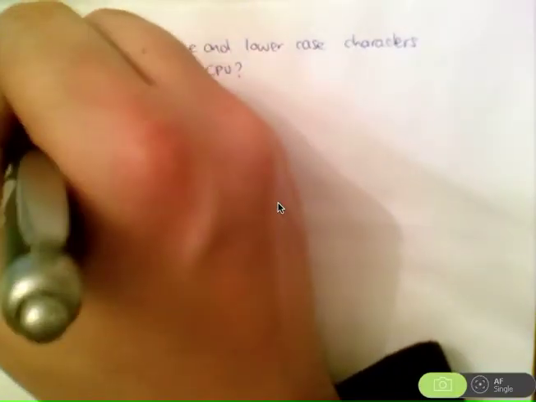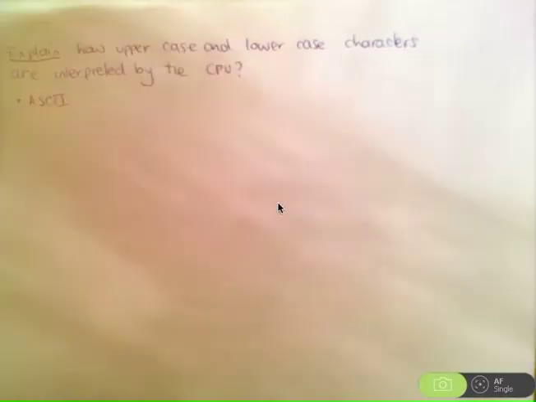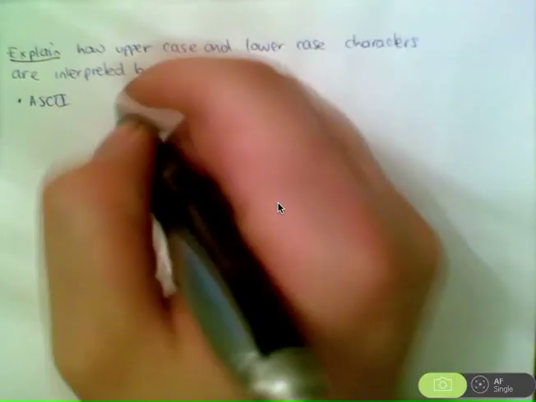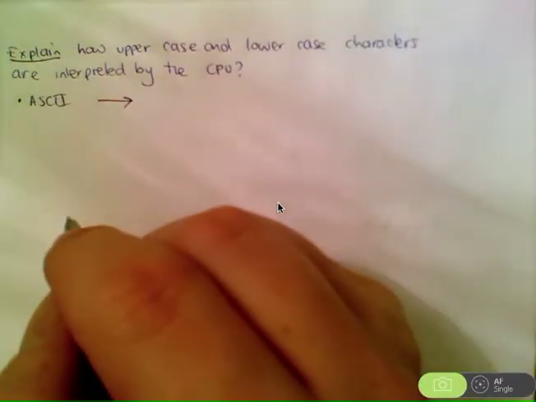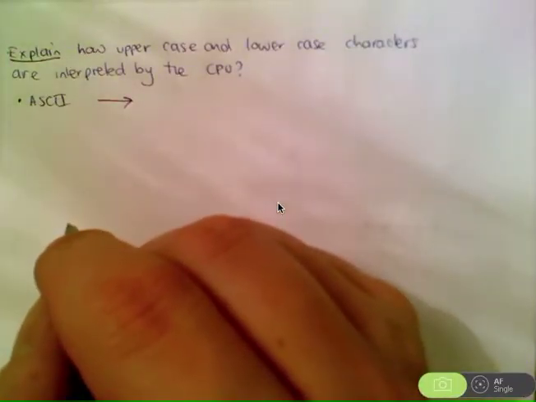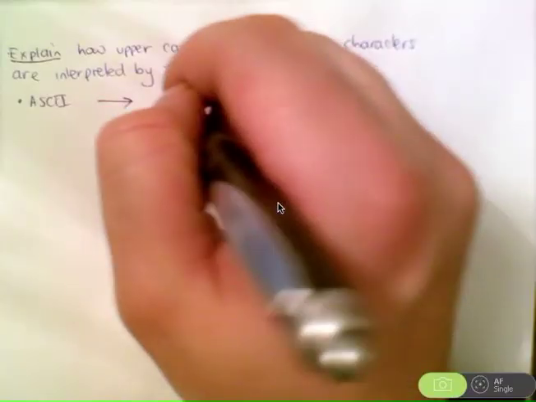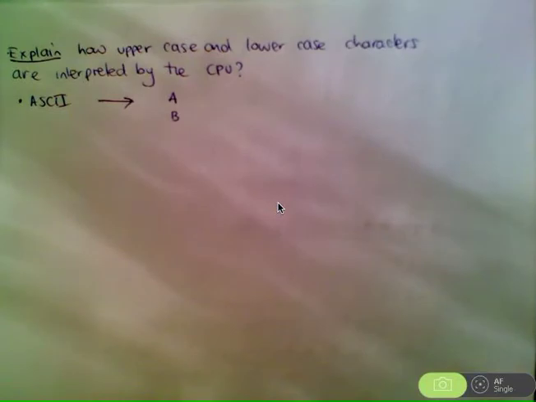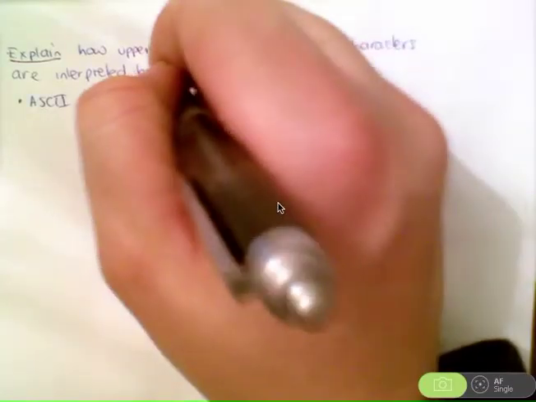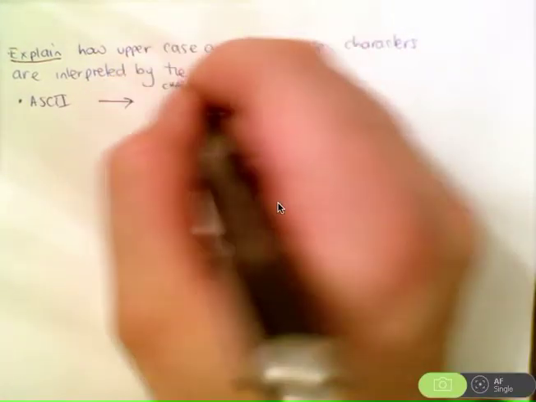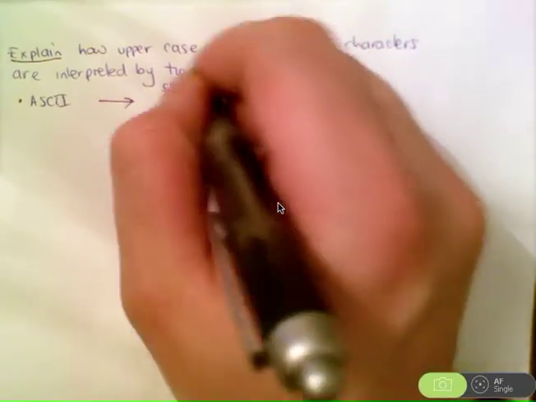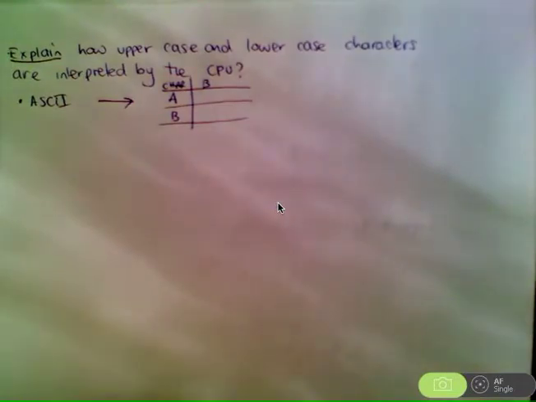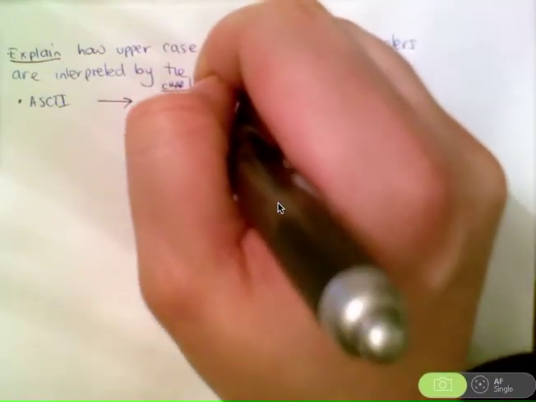So the first thing we know is that it all relates or comes back to ASCII and the numbers that are assigned. From what we understand, ASCII stands for the American Standard Code for Information Interchange, and every character that we can press on the keyboard or enter has a subsequent binary 8-bit sequence.